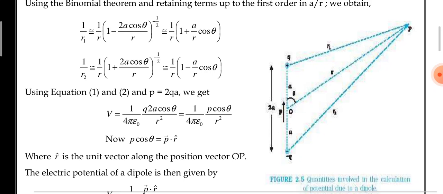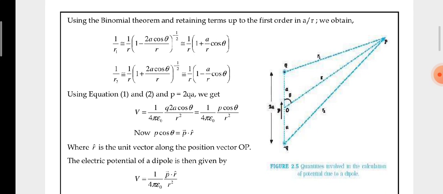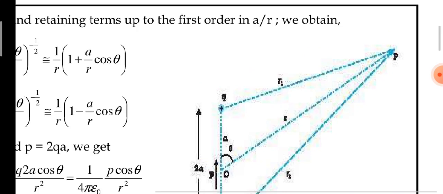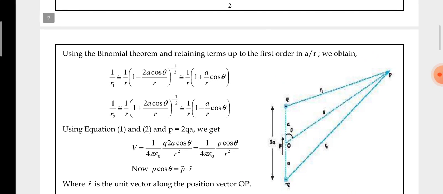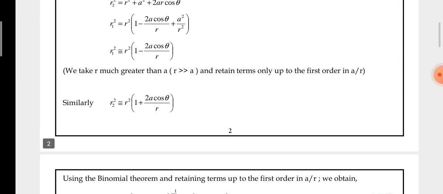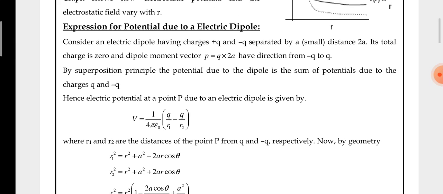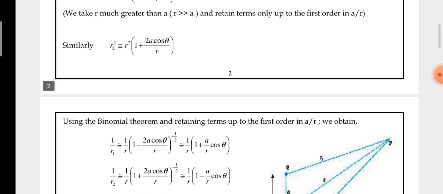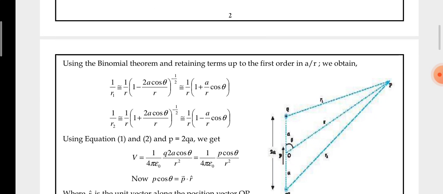Now due to this electric dipole, at a distance r, at a point P, you have to find the electric potential. First of all, there are two charges, plus q and minus q, and we take the potential due to each.